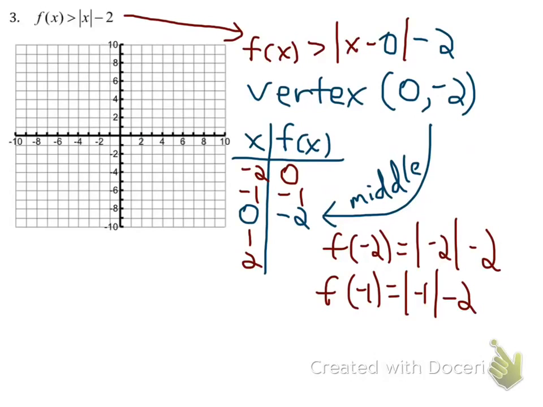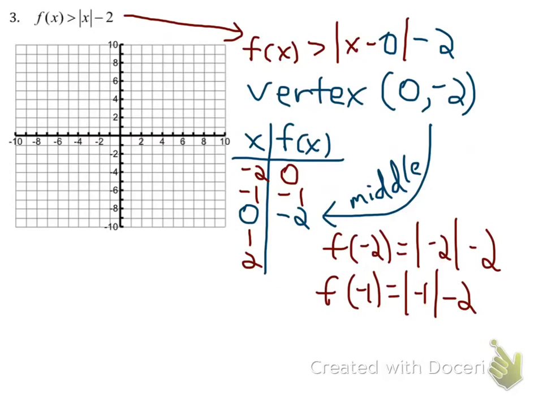Now, if we remember from the last video, instead of evaluating f of 1 and f of 2, since the axis of symmetry passes through the vertex, the other two f of x values are the same as the previous two.